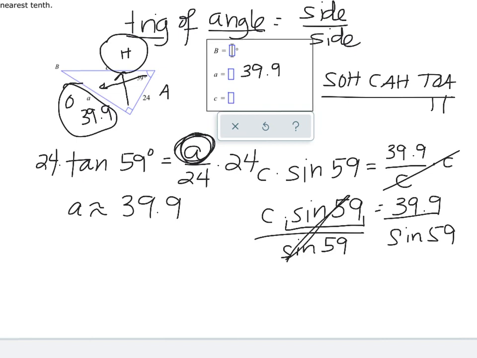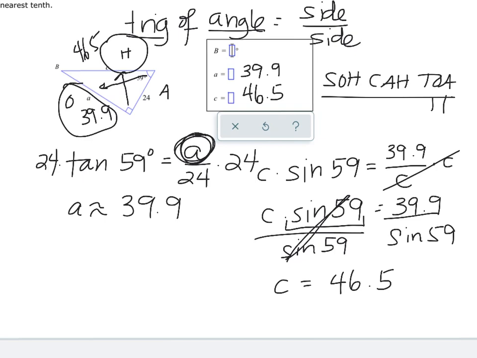These two things cancel out because they're being divided by each other. They equal 1. And now we have C is equal to 39.9 over sine 59, which is approximately 46.5. So that is the length of C, which makes sense. It's the hypotenuse. It should be the longest side.